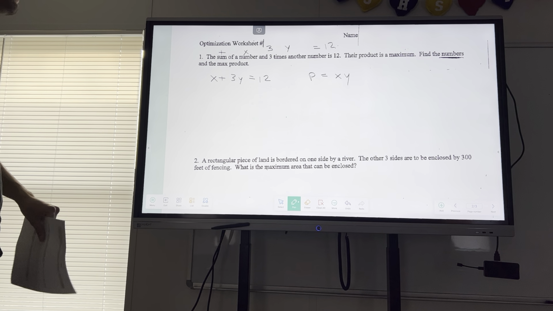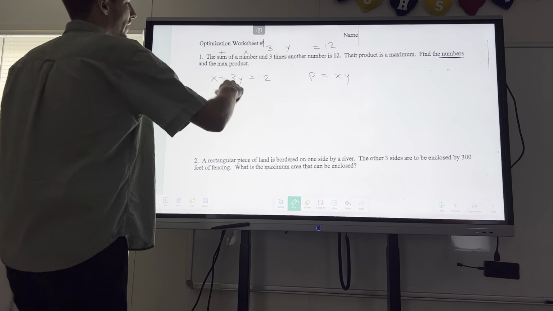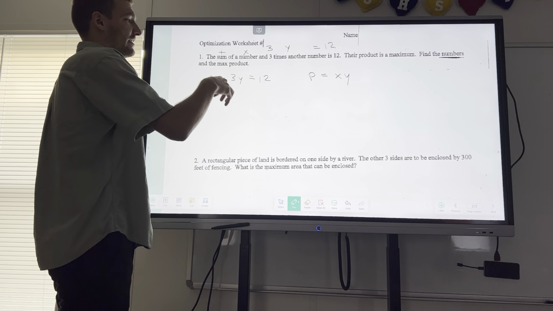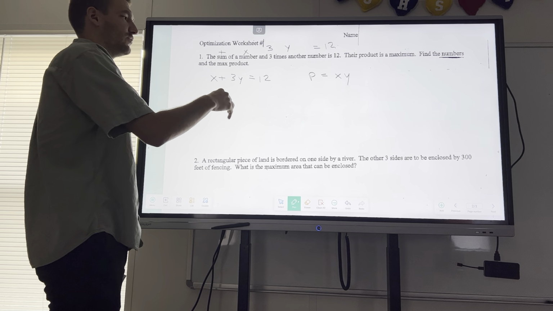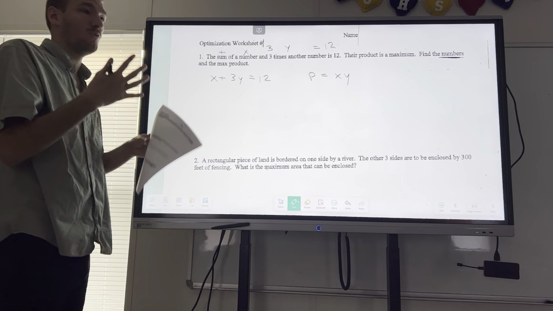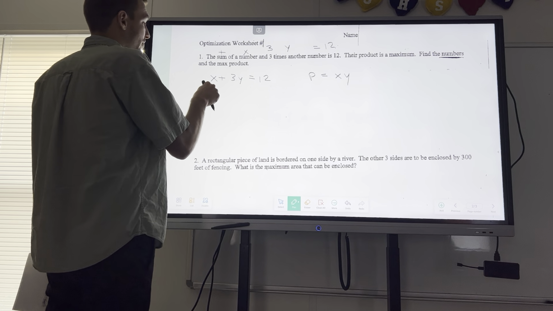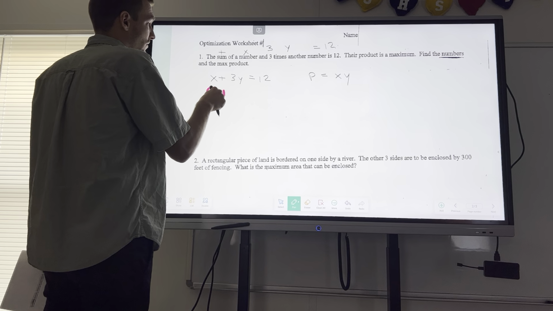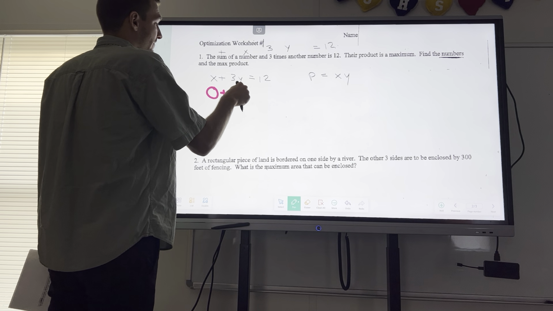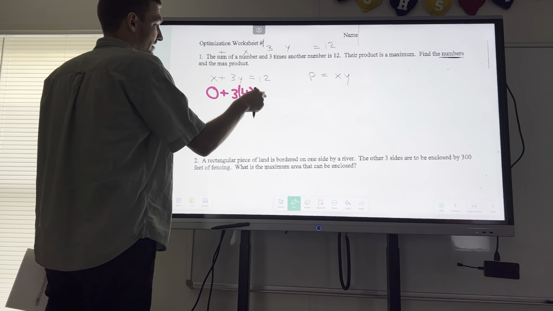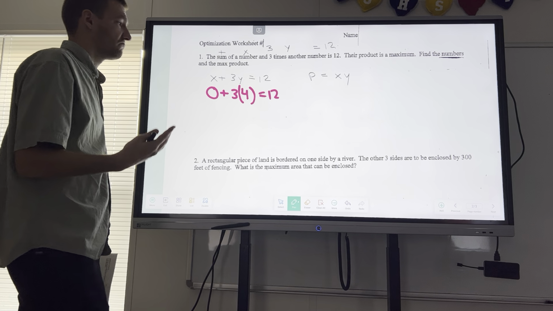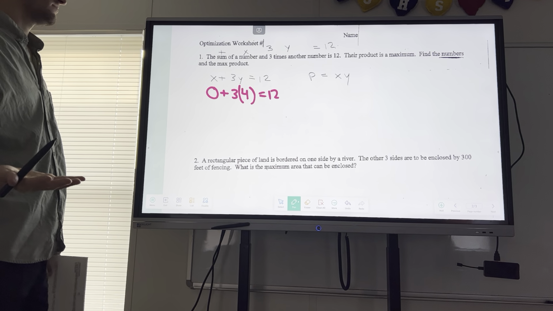And so if you look at this equation over here, which has a bunch of numbers and only 2 variables, we could work with this. We could come up with answers. For example, x could be 0, y could be 4, and that's going to make 12. Nice, that's great.